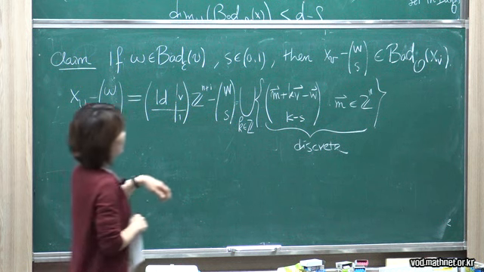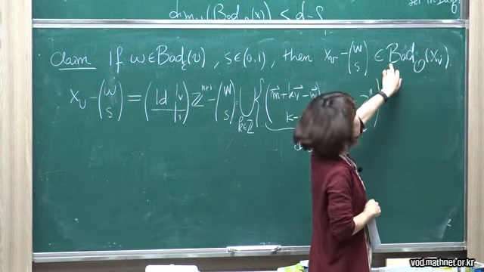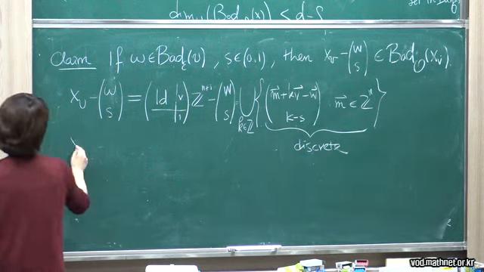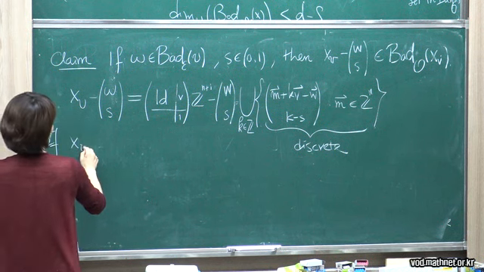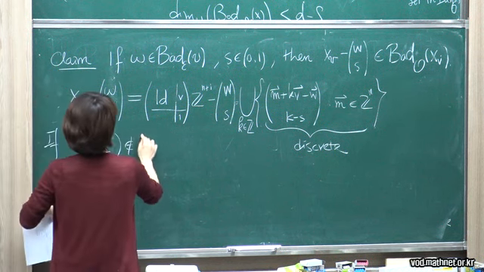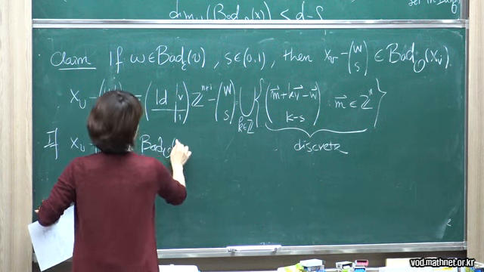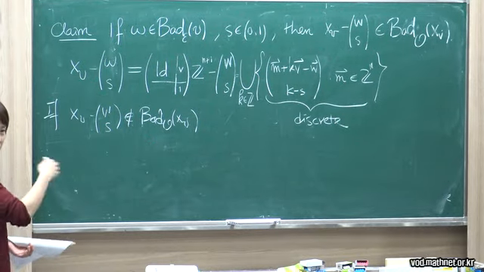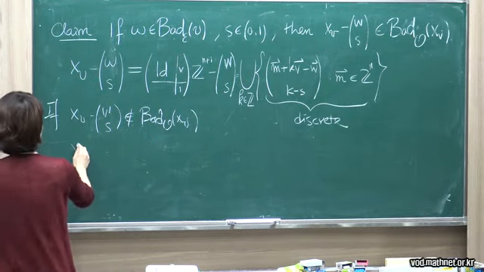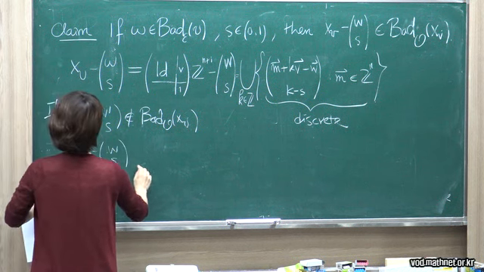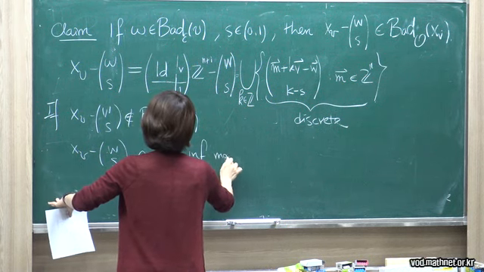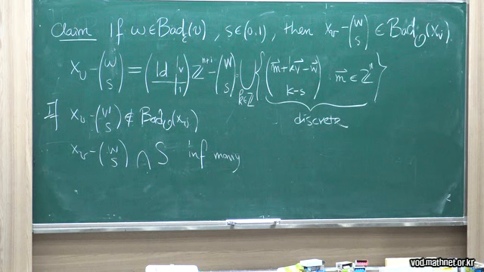So if this was not a bad grid, then that means that it intersects S infinitely often, right? So X_V minus (W, S) intersects S infinitely many times, right? S looks like this, and it intersects infinitely many times.